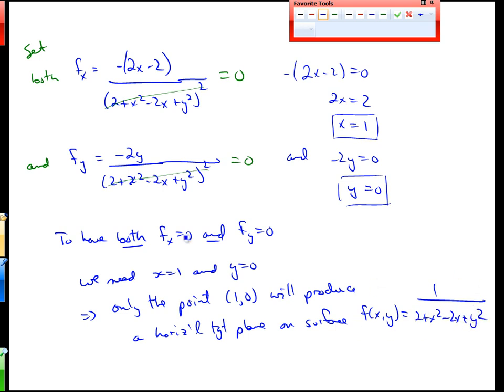Original function, and the location where we're going to get slopes of exactly 0. There's only going to be one single point where that happens, so whatever we know about the surface, typical axes here, x, y, z, only the point (1, 0), I don't know quite what the surface looks like, but that is a single point at which the tangent plane, if we built one, would be perfectly horizontal.